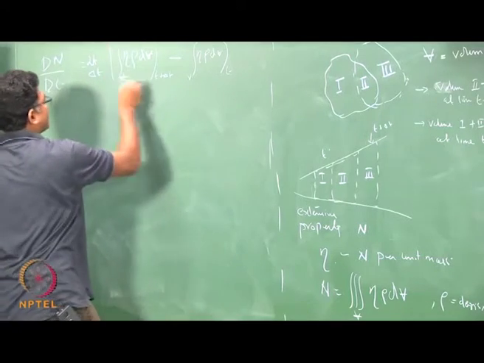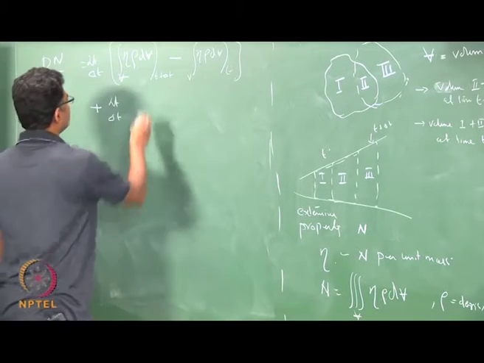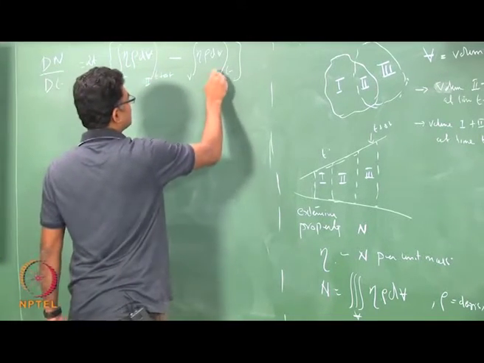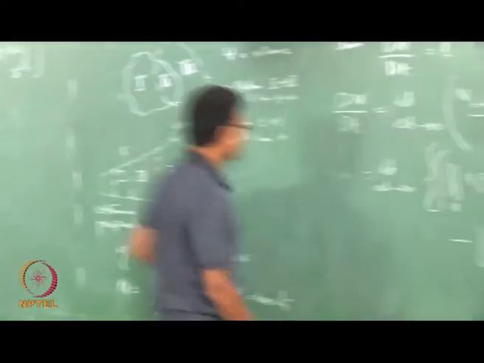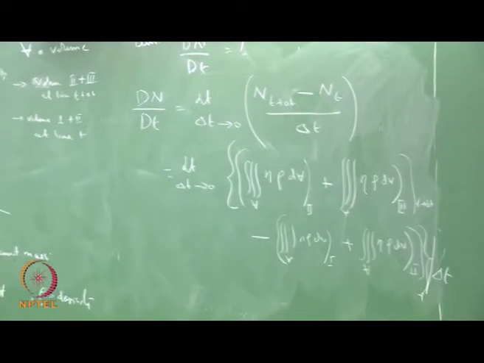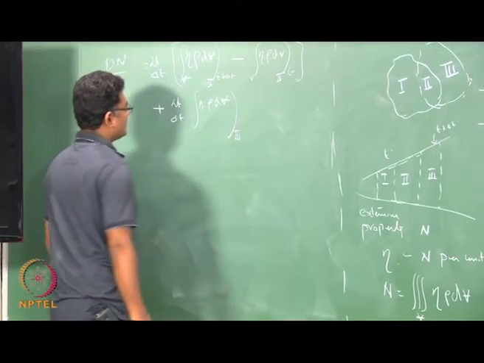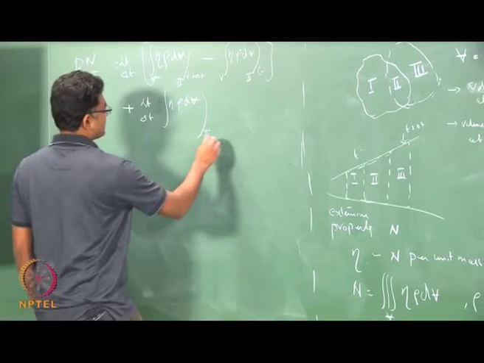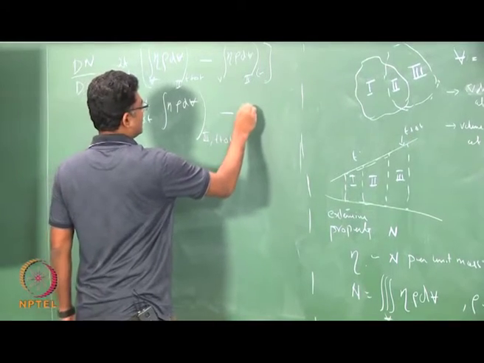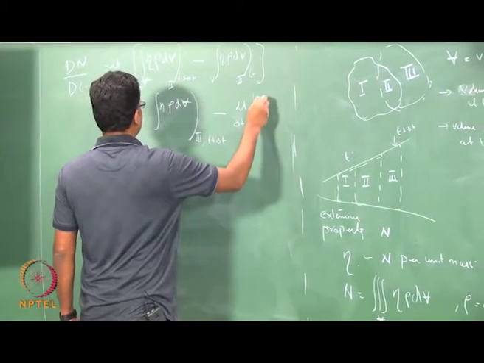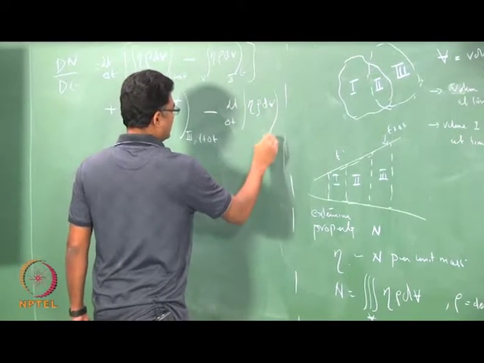These are triple integrals. Plus, for region 3, the limit of the integral of eta rho dV at region 3 at time t plus delta t, minus the limit of the integral of eta rho dV for region 1 at time t.